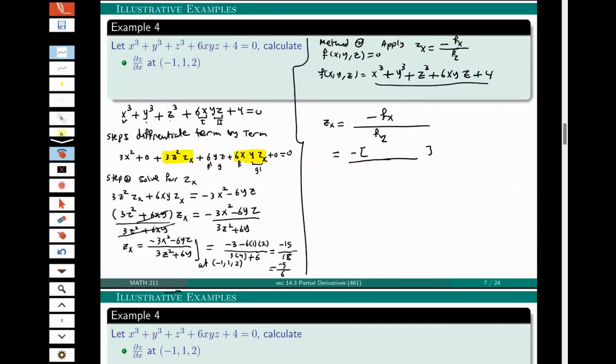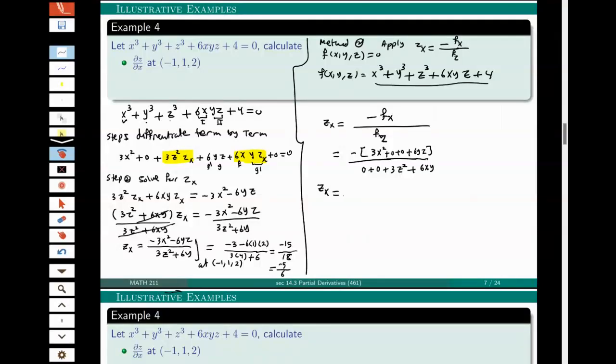Differentiating with respect to x, it will be 3x squared. Now we're dealing with y and z constant, so 0. The derivative with respect to x will be 6yz, divided by f sub z. Now z is variable, x constant, so that will be 0 plus 3z squared, and here z is variable, so it will be 6xy.